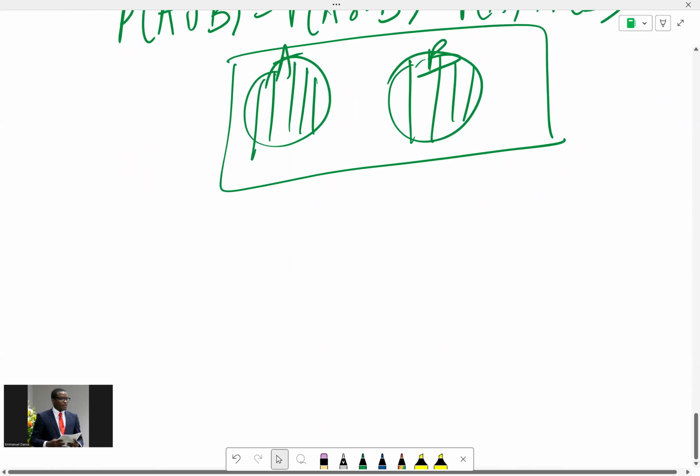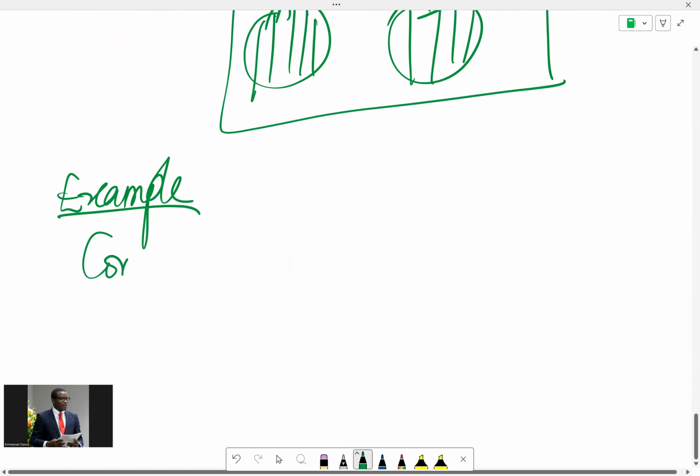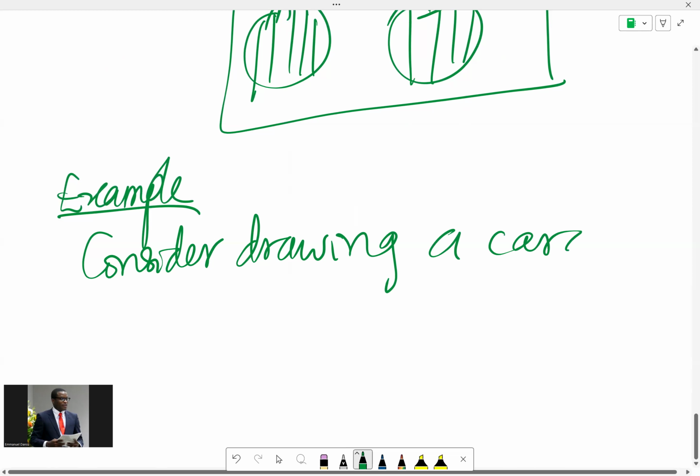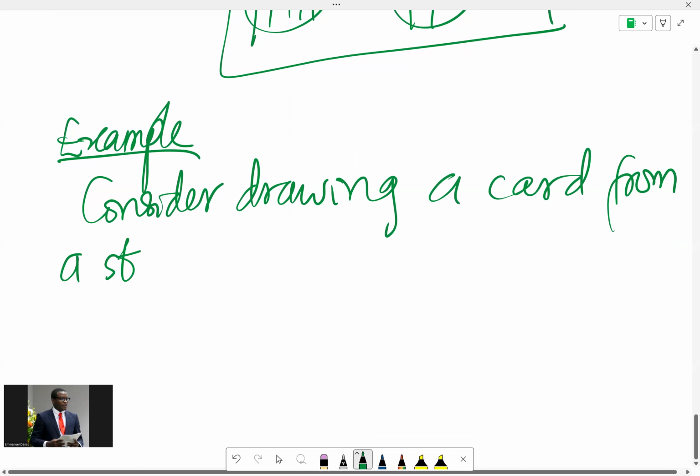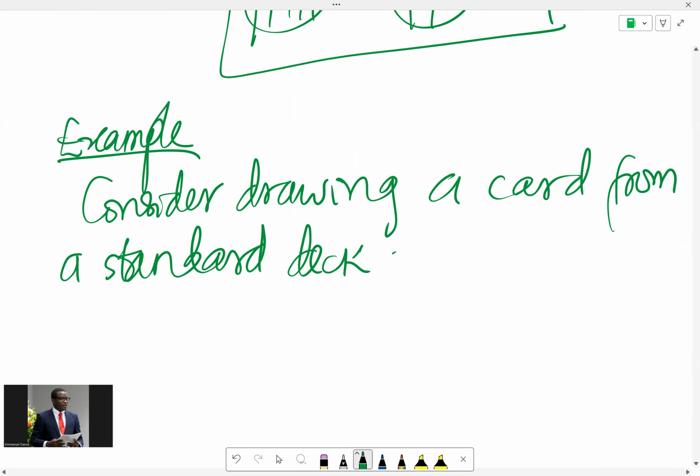Okay. And a very good example of that will be this: if we consider drawing a card from a standard deck of cards.